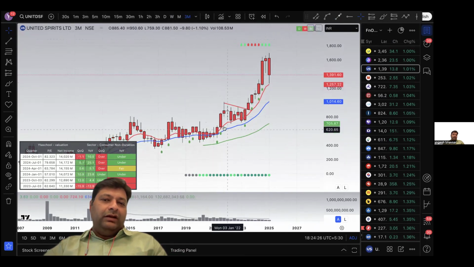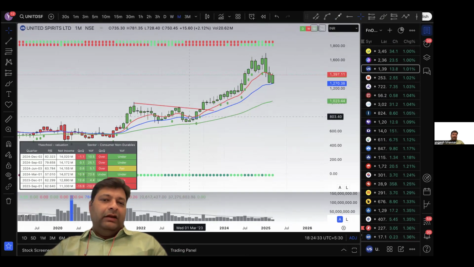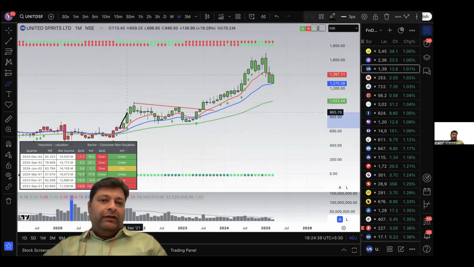But if you see, 9 is above 21, 21 is above 55. On the monthly time frame, again, 9 is above 21, 21 is above 55. What happened? The stock went under consolidation, and suddenly it's giving a strong breakout on the monthly time frame. Why?